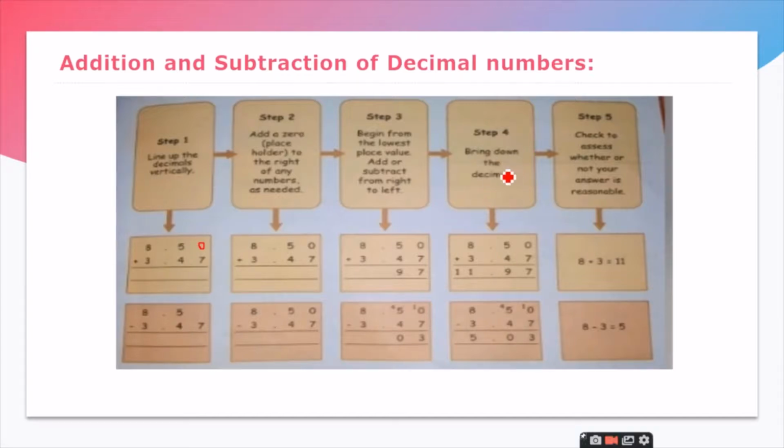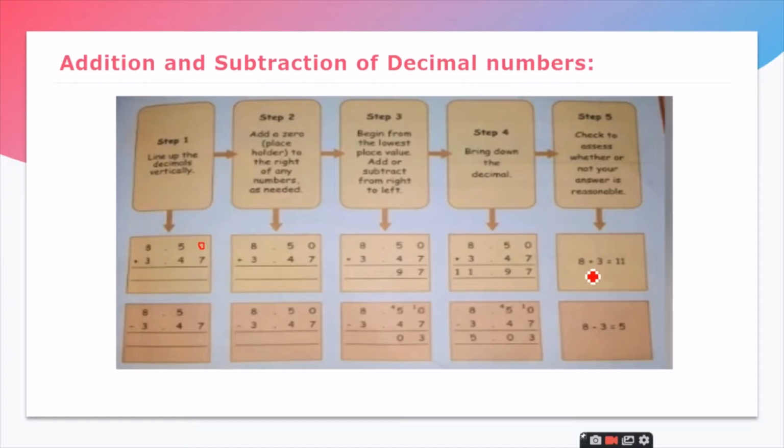And step number 4 is: bring down the decimal. After solving this part, we have to bring down the decimal point as it is, as you can see in this picture. Now solve the rest of the part. Now we have 3 and 8. 8 plus 3 is 11 and 8 minus 3 is 5.